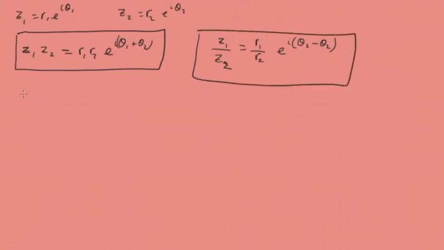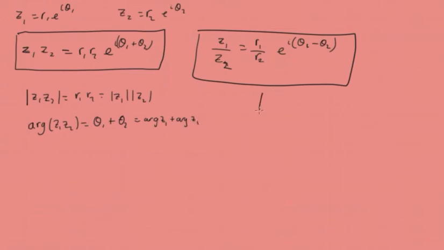identities, and it shows us that the modulus of Z1 Z2 is going to be equal to R1 R2, which is the modulus of Z1 times the modulus of Z2. And the argument of Z1 Z2 is going to be equal to theta 1 plus theta 2, which is just the argument of Z1 plus the argument of Z2.